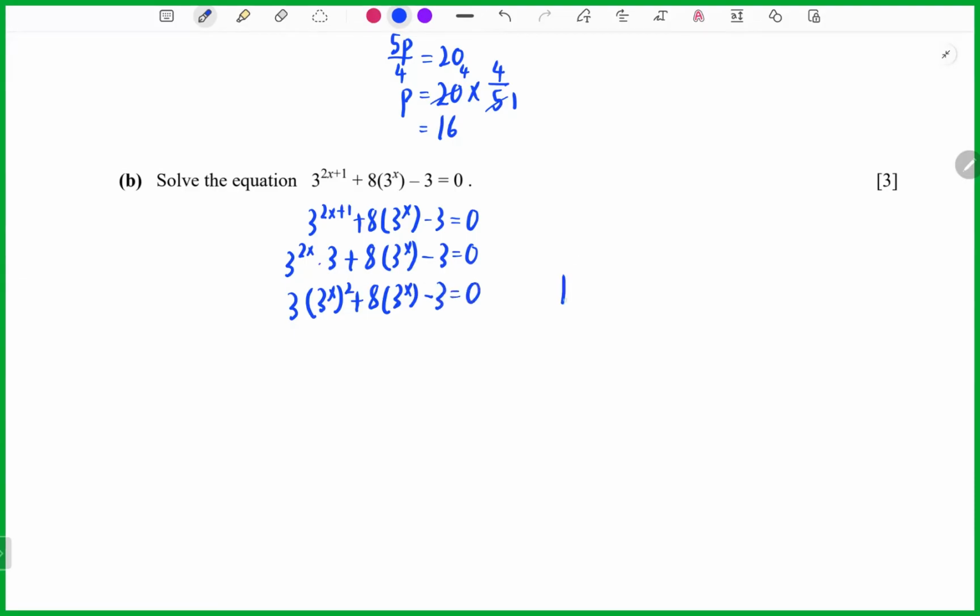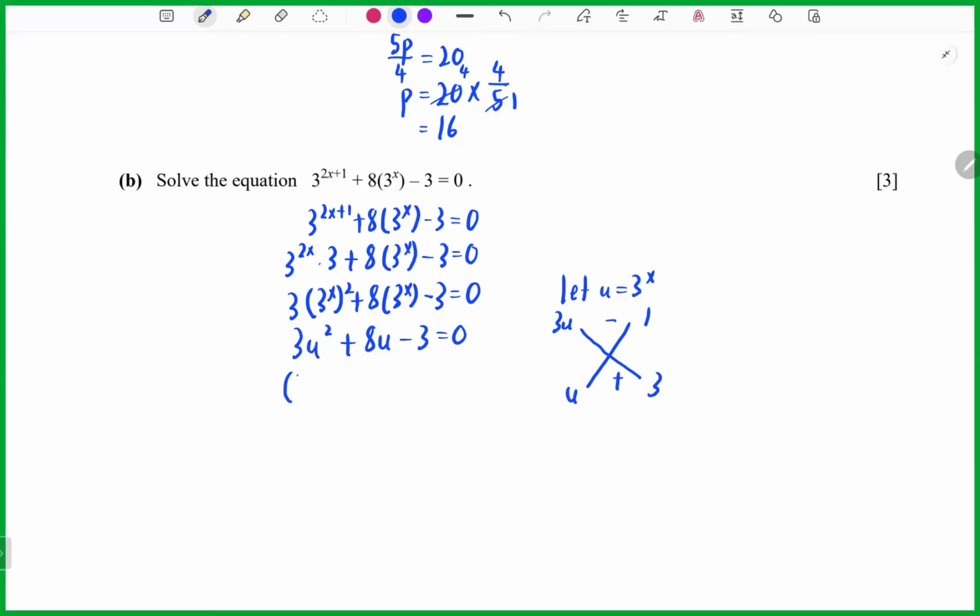Okay, so I can write let u equal 3 to the x here. So you will get 3u squared plus 8u minus 3 equals 0. So factorize out, so you will get 3u here with 3 here, and 1. Because we need to get the positive 8u, so I can multiply 9u here, and then minus 1u.